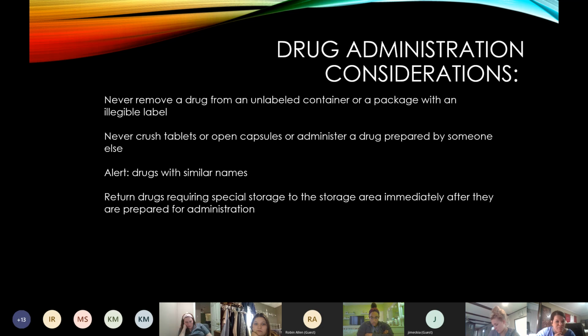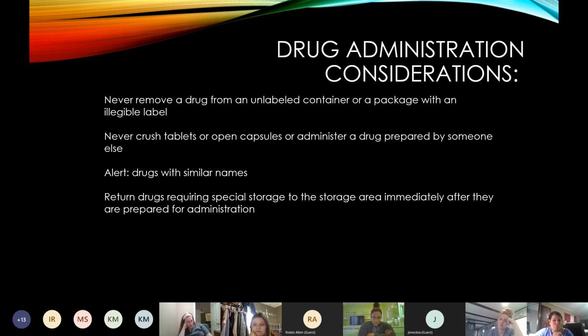Let's see. So never crush tablets or open capsules or administer a drug prepared by someone else. Do y'all think that a student has ever gotten written up at North Shore for giving a medication that they did not pull out of the Pyxis? Yes. Sure have. Yep.